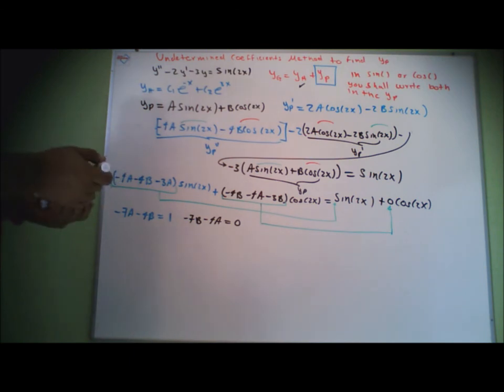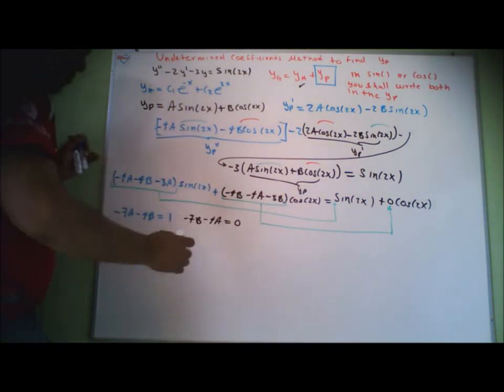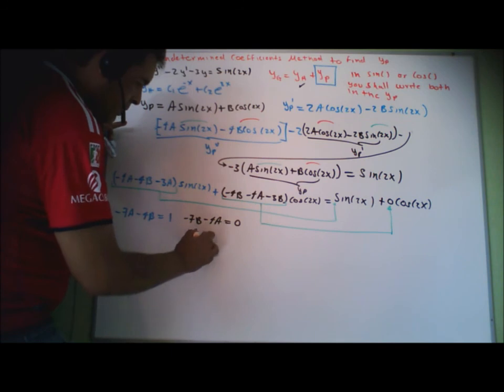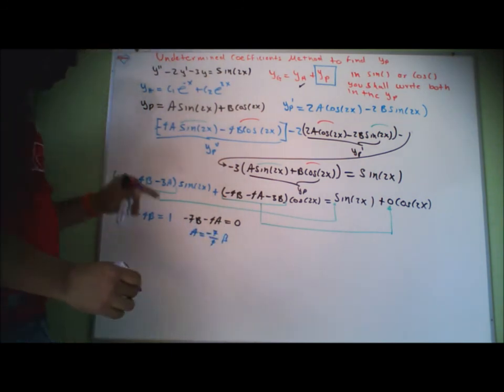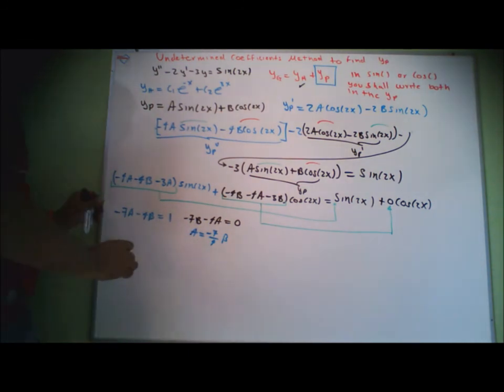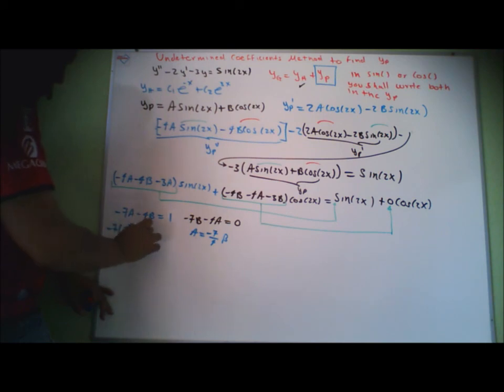So let's clear the value of a here. a happens to be minus 7 over 4 b, and let's replace it in the first equation: minus 7 times the value of a, minus 7 over 4 b, minus 4b equals 1.